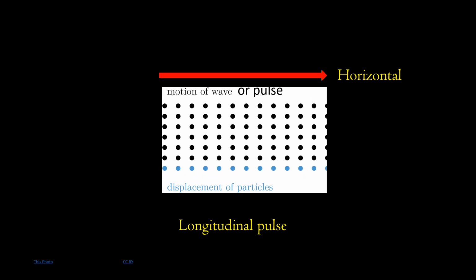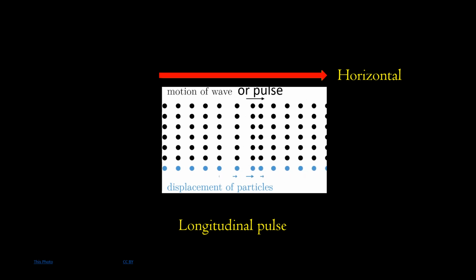The two directions are parallel. When I say the particles of the medium are displaced in the same direction as the pulse, I mean their position changes from equilibrium to a maximum point they can reach, then back to equilibrium.